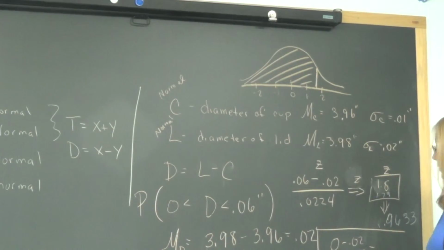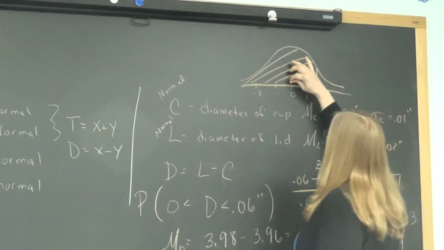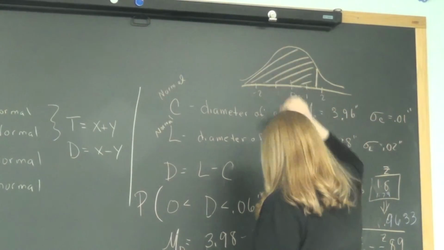This is a negative z, which is fine. That's negative 0.89. Look that up. That's a z-score, so that's down here, about right here.